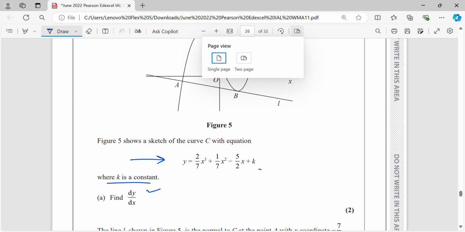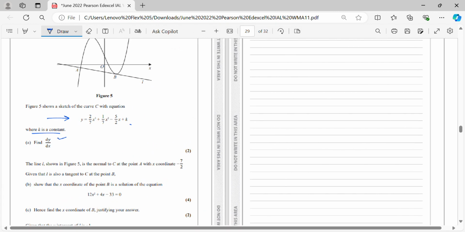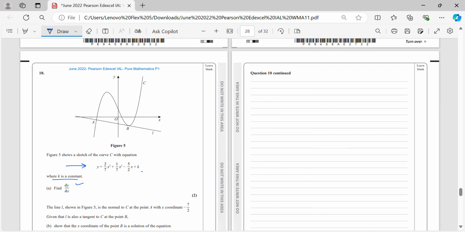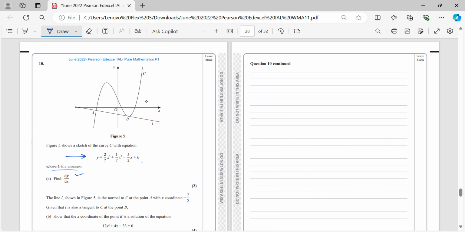Okay, let's take its derivative. For the derivative of a function, take 2 over 7, write down the power, multiply the coefficient with the power, and subtract 1 from the power.